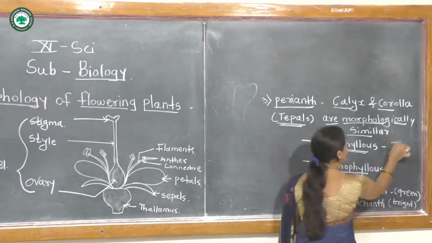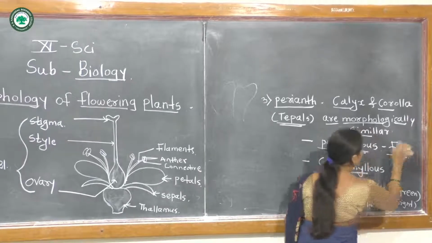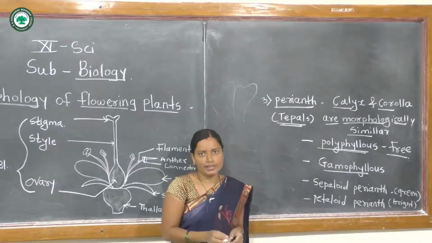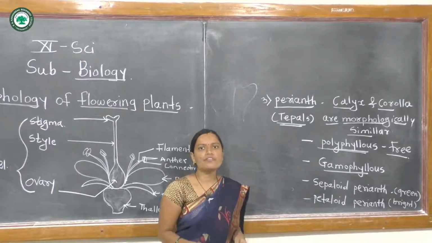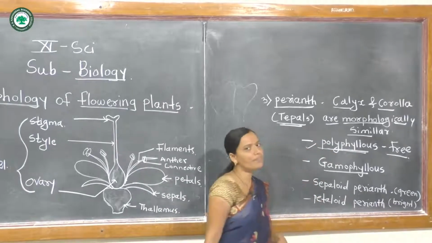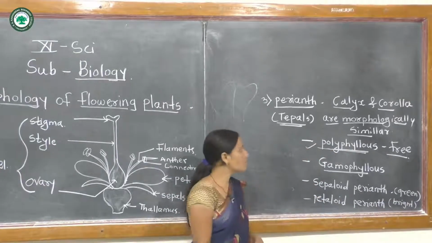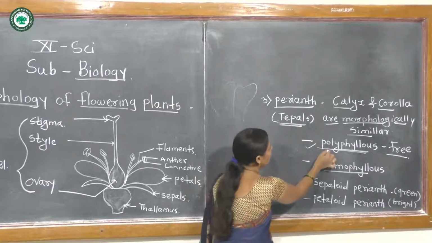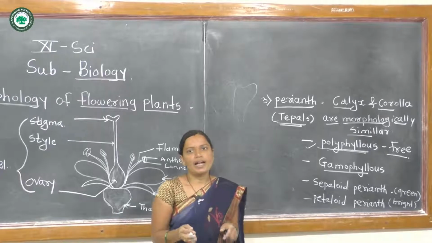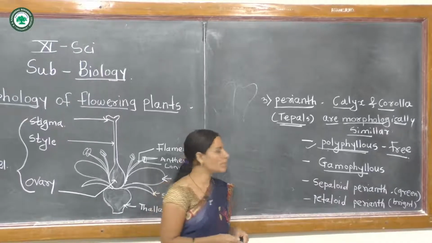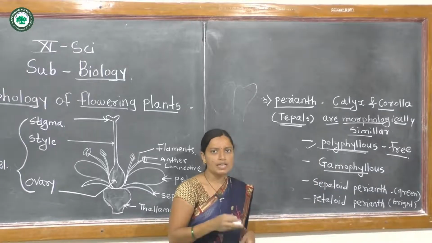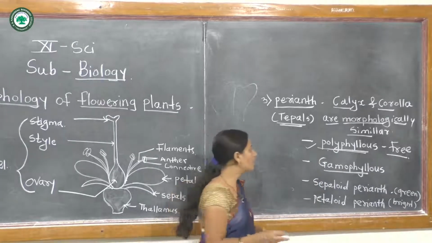In some flowers, these petals are free from each other, they cannot unite, they cannot join, and this condition is called a polyphyllous flower. In some flowers, these tepals are united, they are fused.